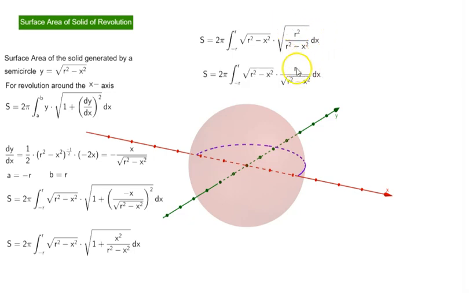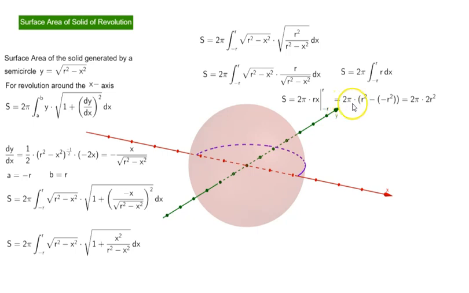Removing the square root, the numerator becomes r, denominator becomes square root of r square minus x square. Now here square root of r square minus x square, and in the denominator these two cancel out. So we have S is equal to 2 pi times the integral from minus r to r of r dx. Actually taking the integral, we get S is equal to 2 pi times rx from minus r to r.